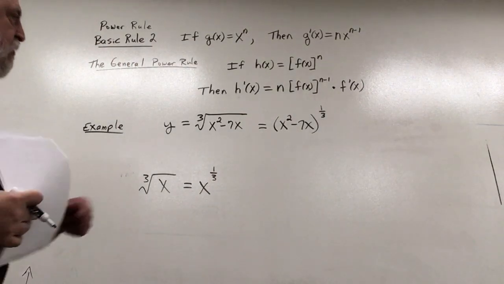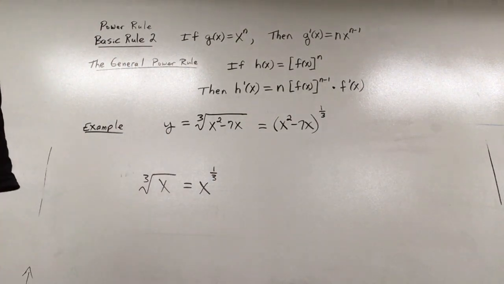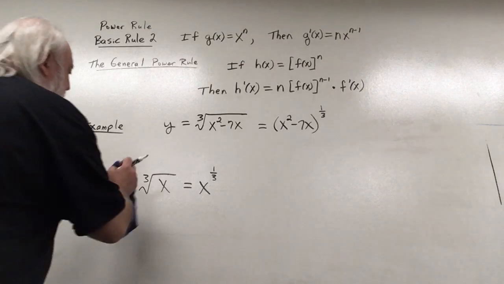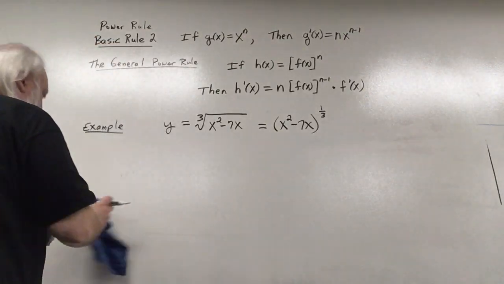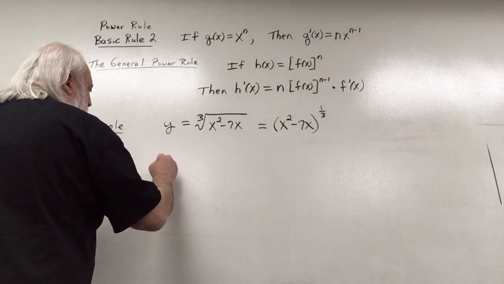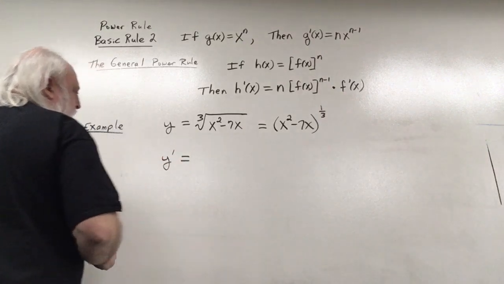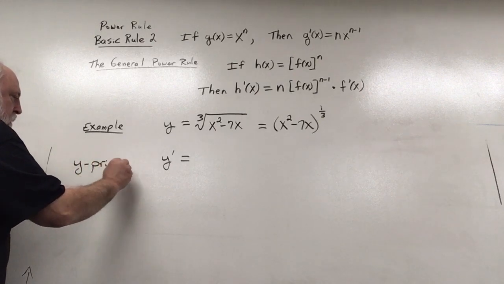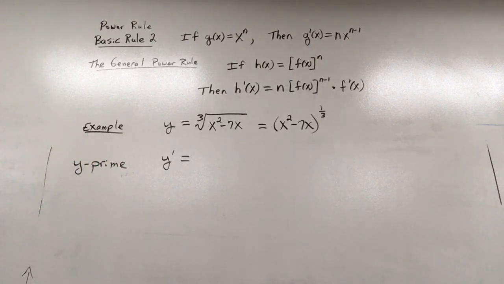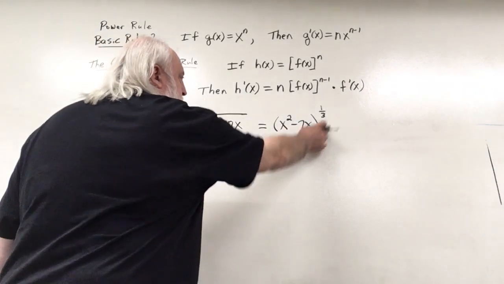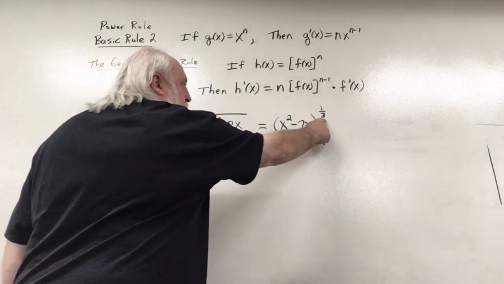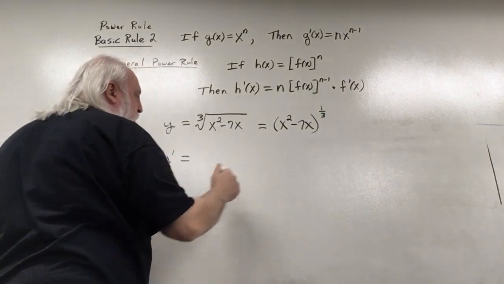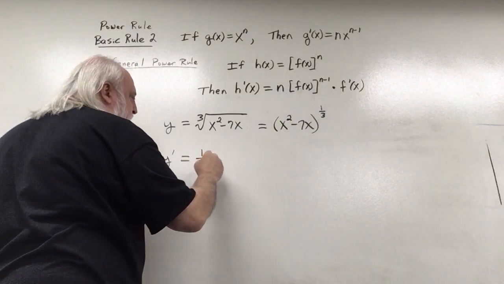Now in differentiating this, we have to apply the chain rule. The derivative of y we denote with y prime. I'm going to emphasize that's y prime. On the right-hand side, using the general power rule, we bring the exponent 1/3 down in front of the left parenthesis.